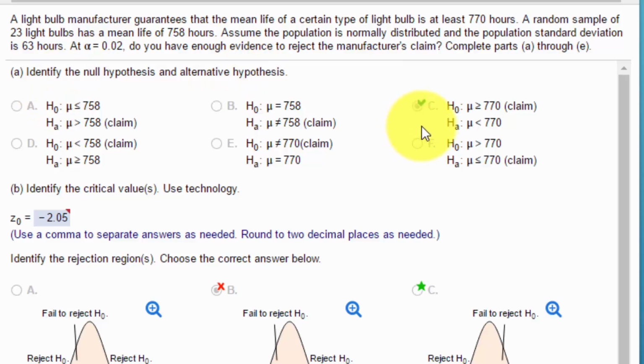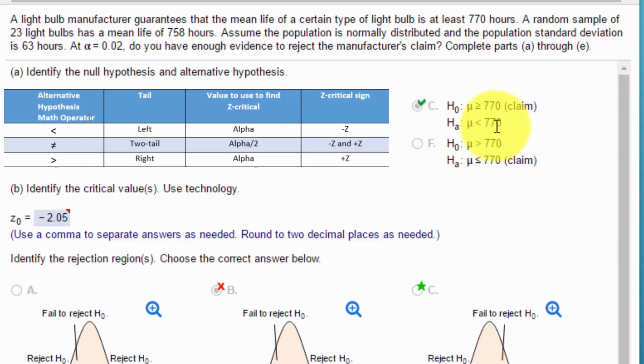And in this problem, the person did identify those correctly, showing that the claim was a greater than or equal, which is a form of equality, therefore it's the null, and the alternative contains the less than operator, which is the complement of this, which means that this is a one-tail test and it is a left-tail test, which should tell you that the critical value is going to be less than 0. It's going to be a negative value.